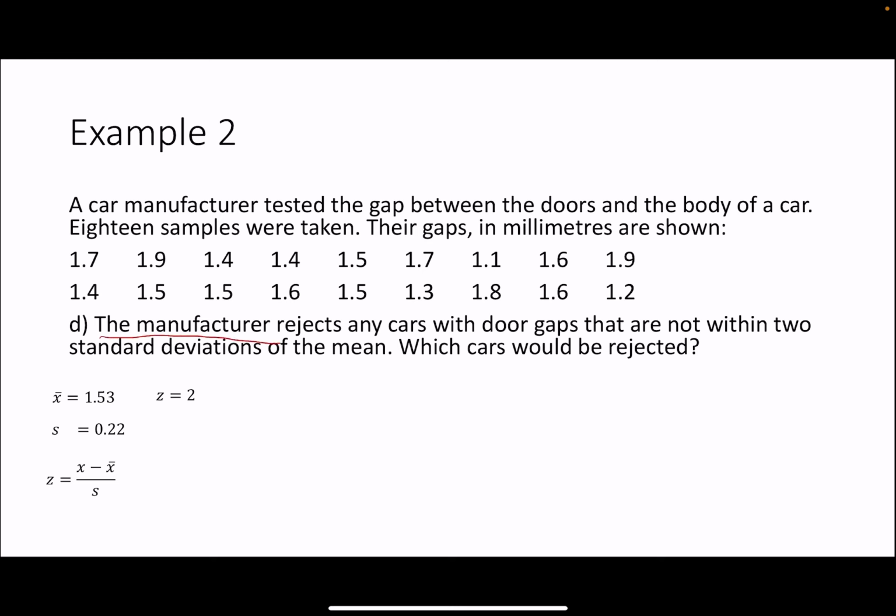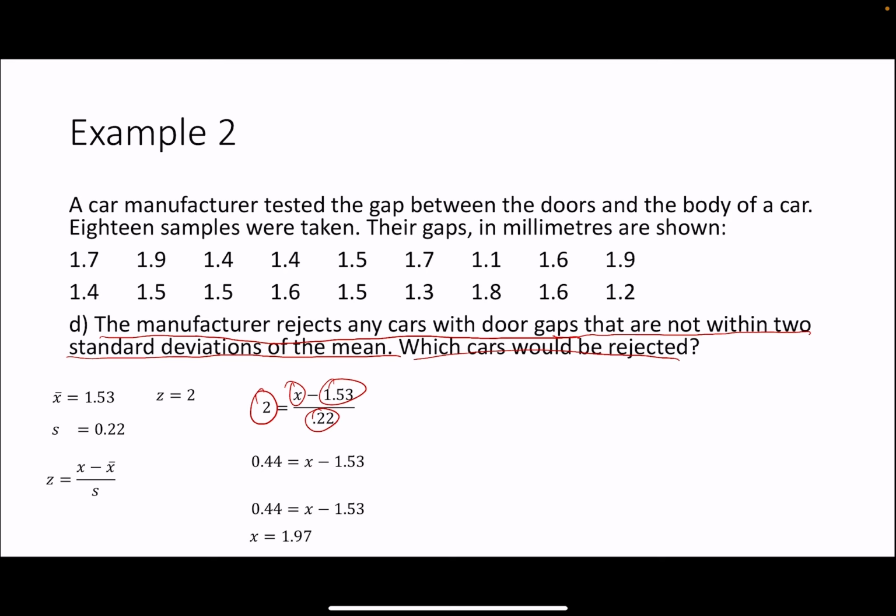So the manufacturer rejects any car with door gaps that are not within 2 standard deviations of the mean. Which cars would be rejected? So if I have a standard deviation of 0.22 and a mean of that, what's the point over here? So I calculate for x, I multiply 0.22 by 2, we get that.